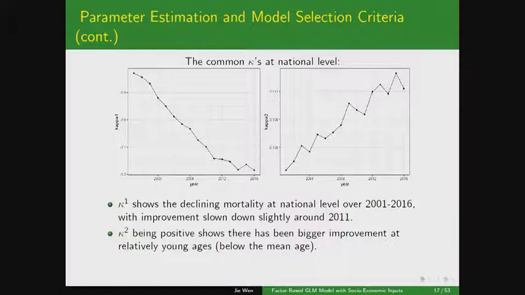And there's a bit of a slowdown in 2011. Kappa 2, which is the age-related factor, is increasing over time. The increase in kappa 2 being positive means there has been bigger improvement at relatively young ages, that is, those ages below the average age over the whole underlying age range fitted by the model.